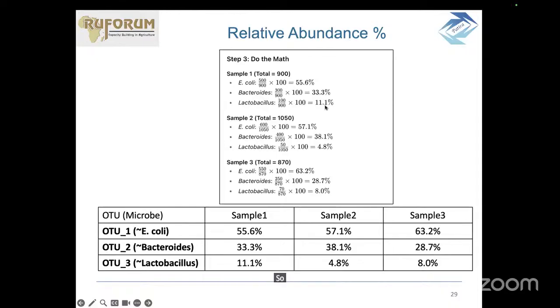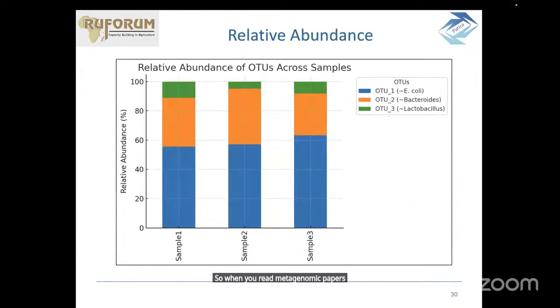When you read metagenomic papers, that's how it's presented. So in our sample 1, E. coli is 56%, bacteroides is 33.3%, and lactobacillus is 11%. This is now the relative abundance in this sample that we collected, after doing metagenomics.